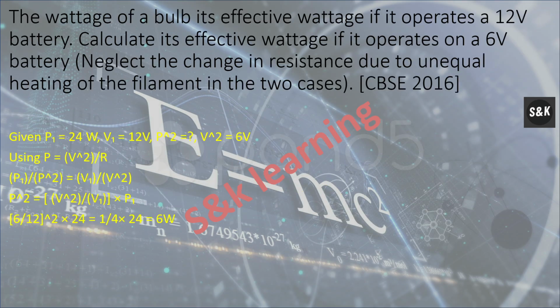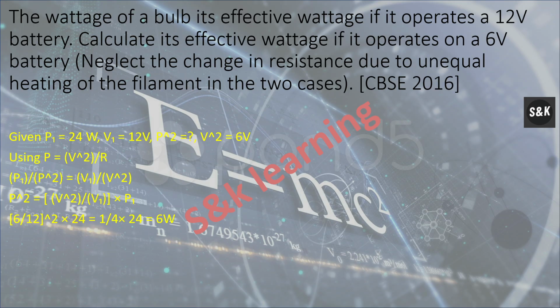The wattage of a bulb is 24 watt if it operates on a 12 volt battery. Calculate its effective wattage if it operates on a 6 volt battery. So given P1 that is 24 watt and V1 that is 12 volt, and P2 we have to find and V2 is given 6 volt.